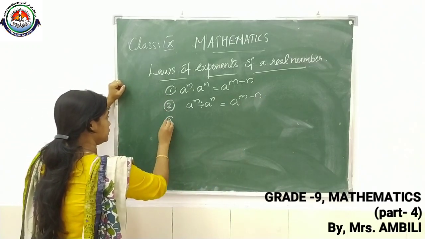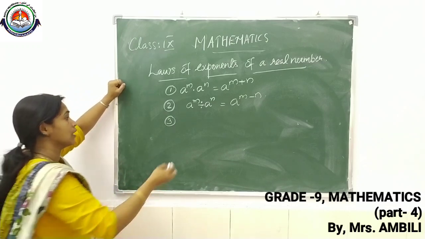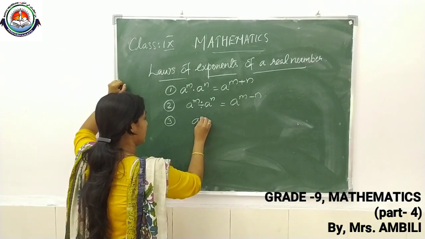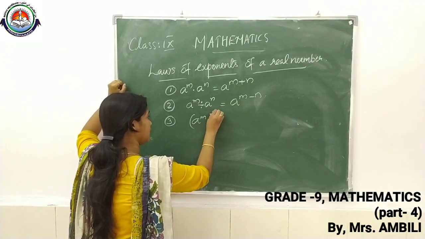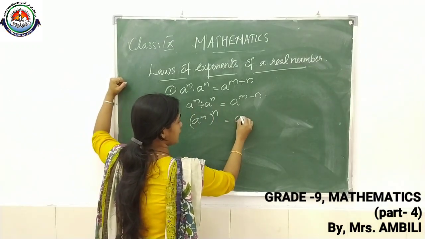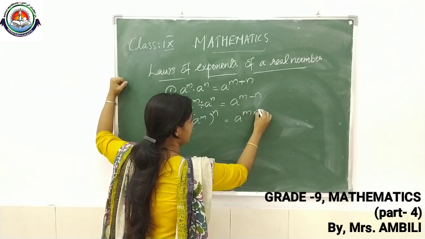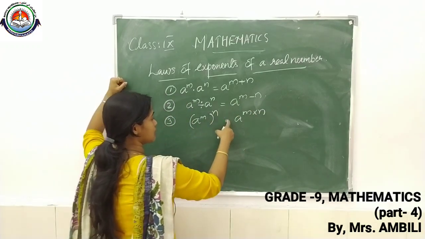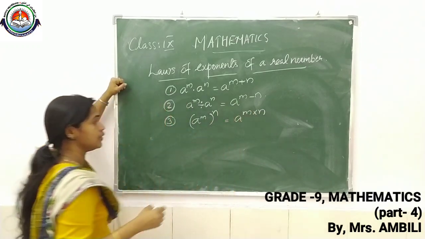Third one, a raised to m the whole raised to n, how can we write? A raised to m into n.